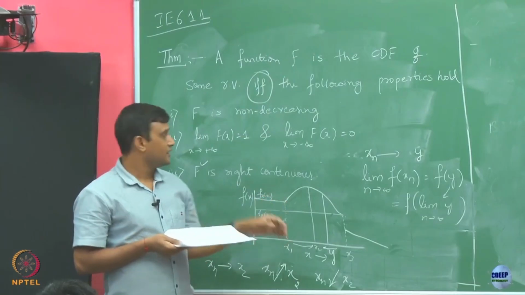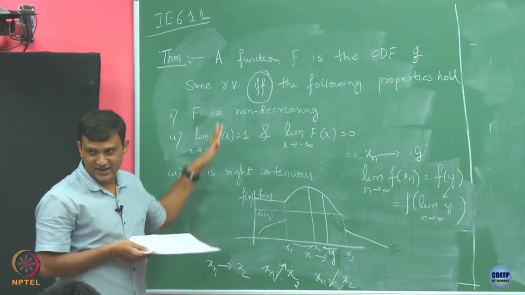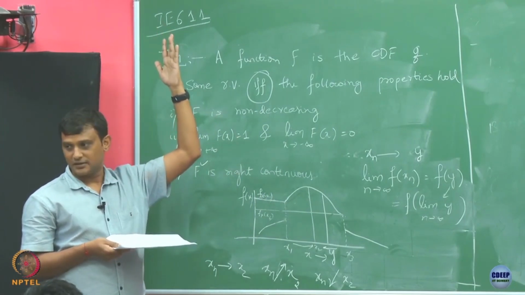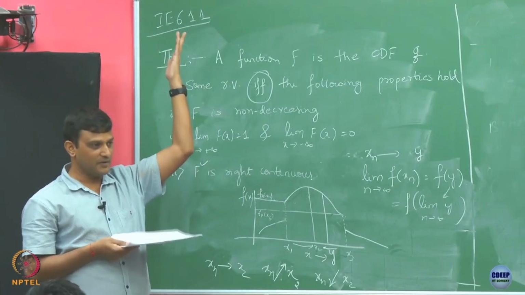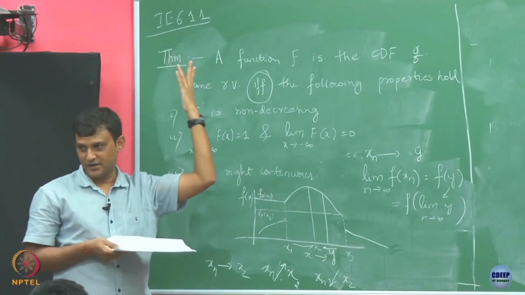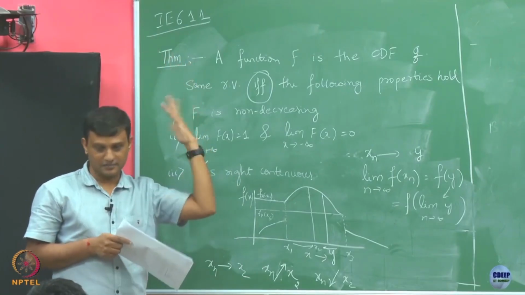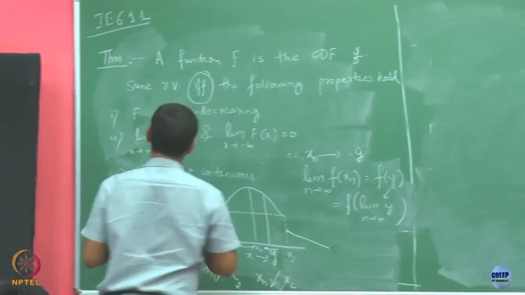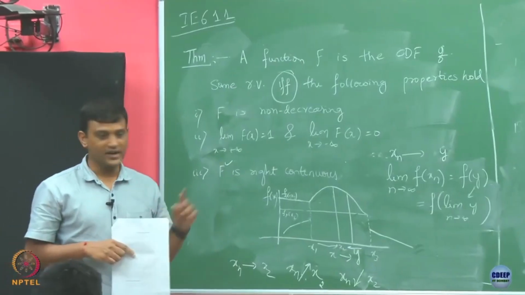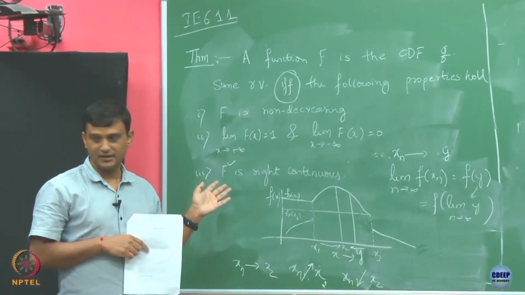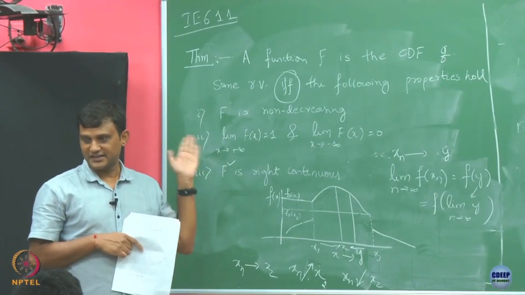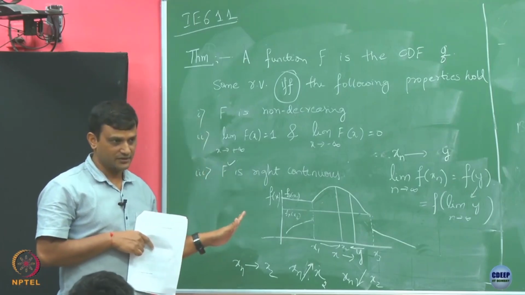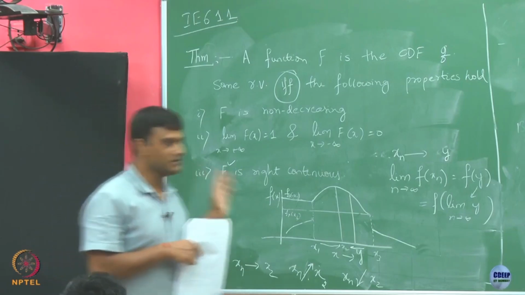And if f is some function which satisfies these, then it should correspond to the CDF of some random variable. What is that random variable? We don't know right now, it depends on what f we are talking about. In this we are only going to show the "only if" part, that is, if f is the CDF of some random variable, it is going to satisfy these properties. The other direction we skip.